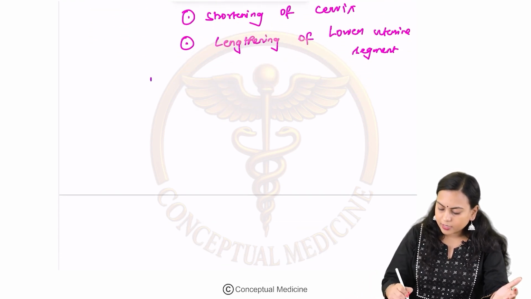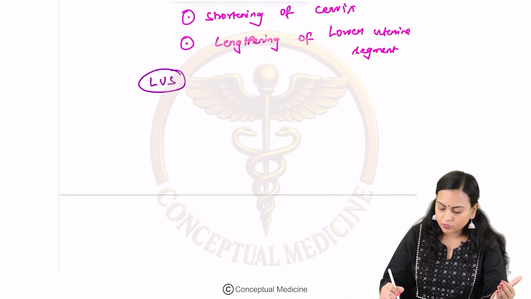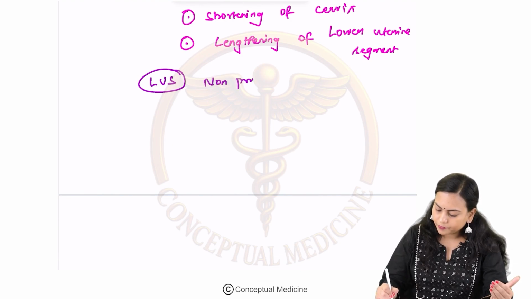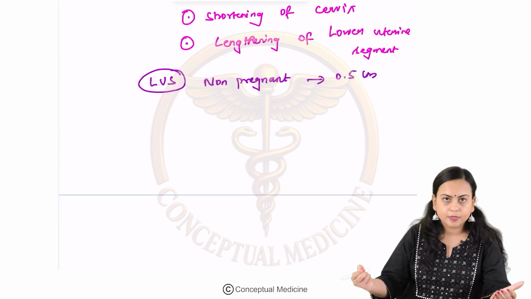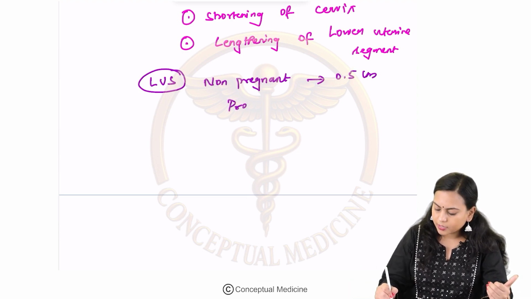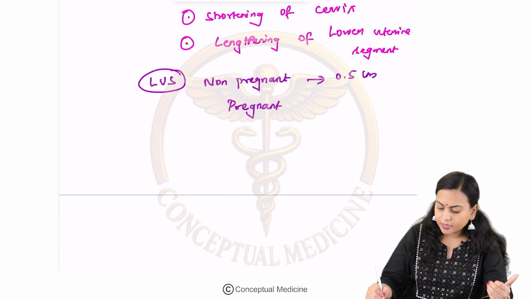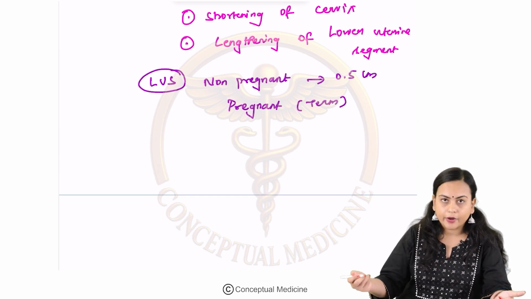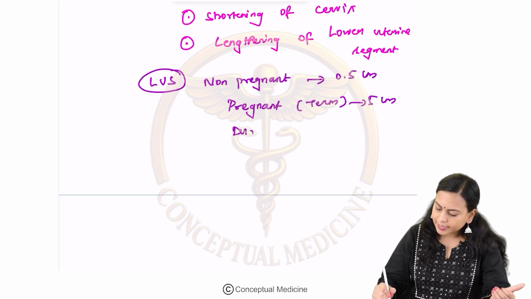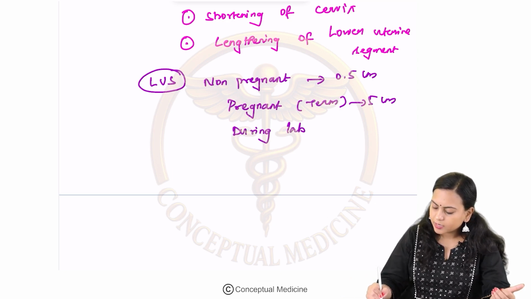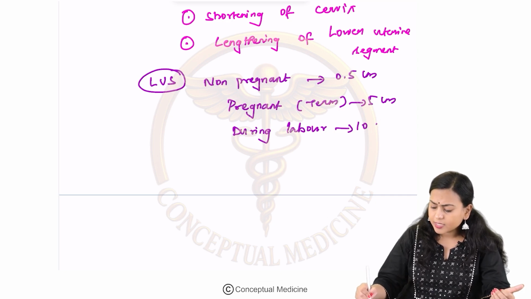So, the lower uterine segment length in a non-pregnant woman is only around 0.5 centimeters. Suppose if she becomes pregnant, at term, this will be around only 5 centimeters. Okay, and during labor, this becomes around 10 centimeters.